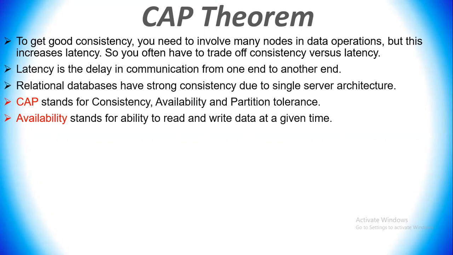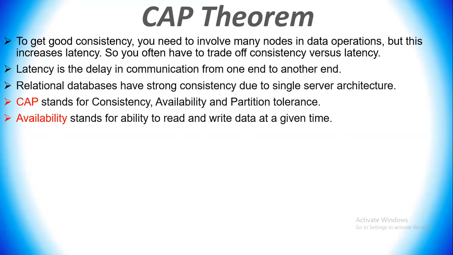For a case of replication factor of 3, that means 3 nodes have the same data. Even if one node is totally out, not available, there are still 2 nodes which can provide data to the user. But the disadvantage is consistency, as I explained in the previous slide.